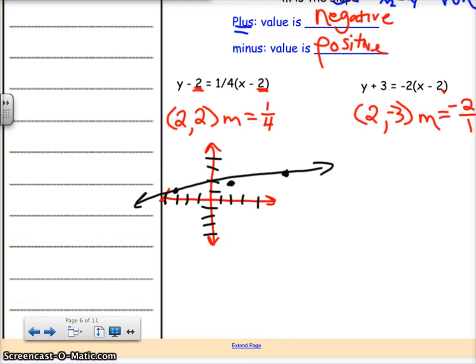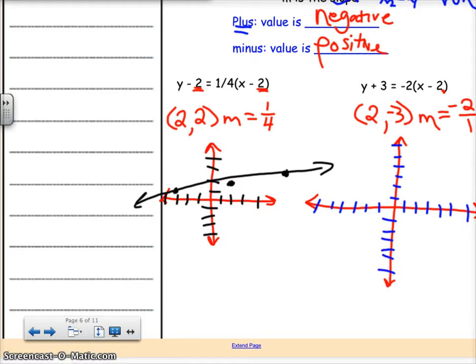And now you can graph it. Everybody should make a rough graph. So my point is 2, negative 3.